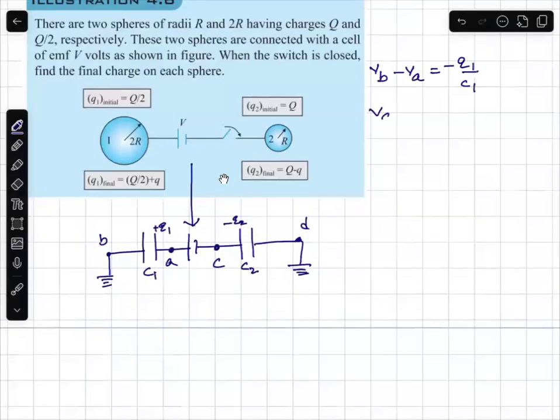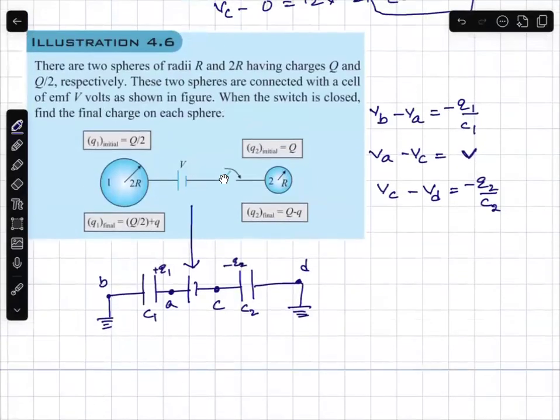Next, VA minus VC is V, and VC minus VD is minus Q2 by C2. Remember, there is no confusion.